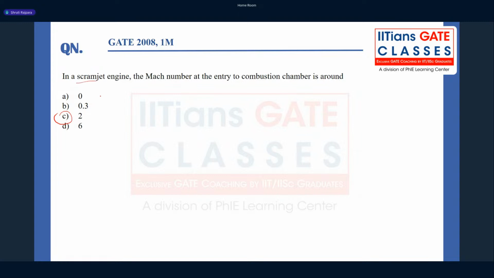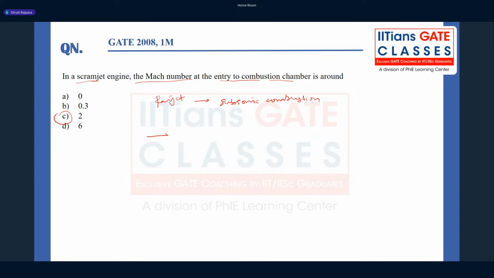Scramjet is a ram-based engine. So what does scramjet stand for? Supersonic combustion ramjet. So whatever combustion occurs can occur at supersonic speed. Based on its definition itself, we can answer this question: a Mach number of 2 can be the Mach number at the entry to the combustion chamber for a scramjet engine, whereas a ramjet engine undergoes subsonic combustion.